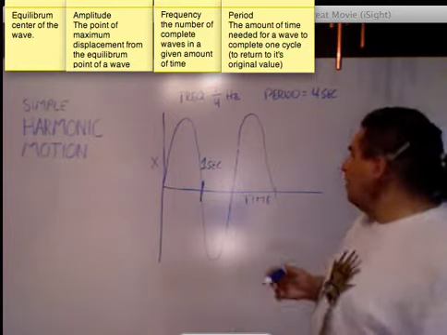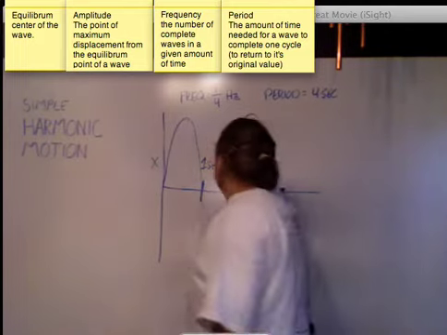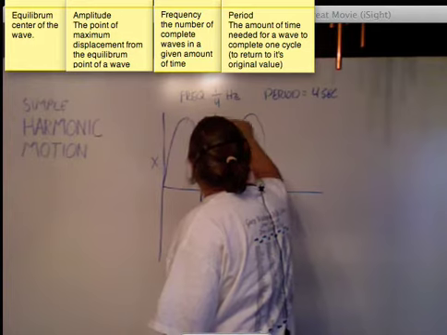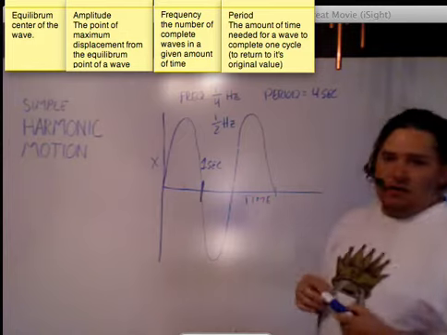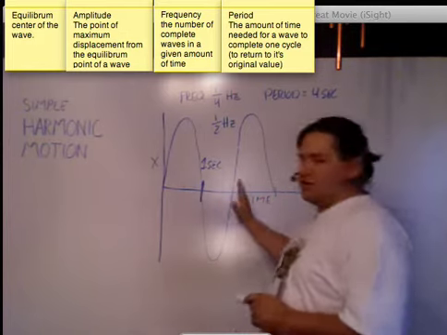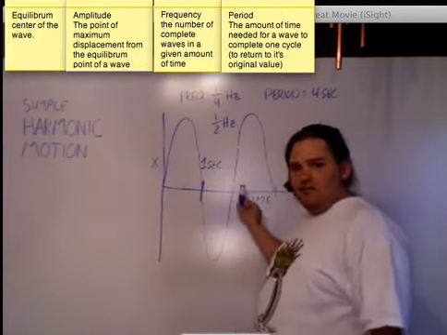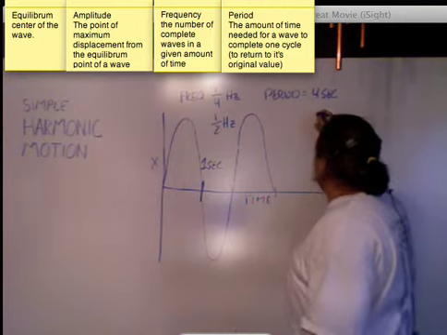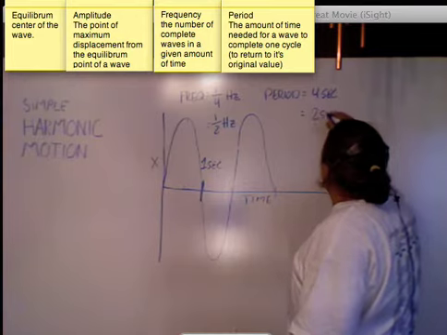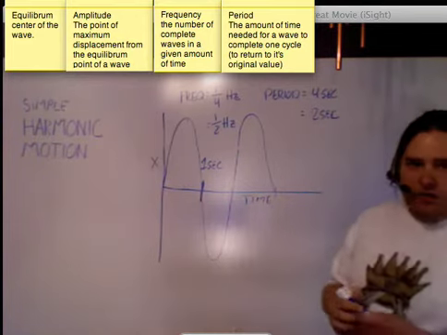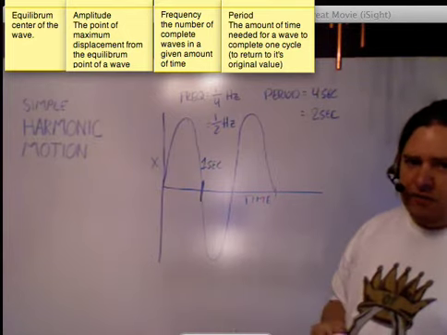Well, it's half of a wave, so I get a half of a cycle per second, so my frequency at that point would be 1/2 a hertz, or 0.5. Now, talking about period, how many seconds would it take to complete a cycle? I got half of a cycle in a second, so it's going to take me 2 seconds to complete it. So at that point, 2 seconds is my period. Now, those of you who consider themselves pretty proficient with mathematics, what's the relationship here between frequency and period?